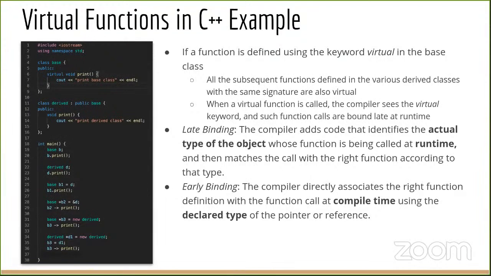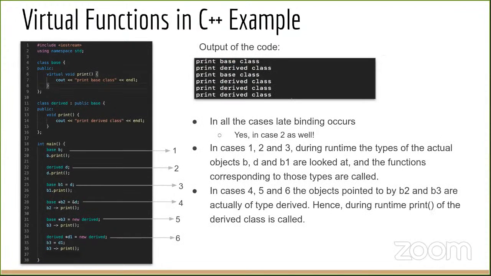But here, in case of runtime binding, we will be looking at the actual type of the object. I'll also explain what early binding is, which happened during the entire previous slide. In early binding, the compiler directly associates the right function definition with the function call at compile time using the declared type of the pointer or reference, as we were doing in the previous slide. Yeah, I hope that's clear, and we'll move on to the next slide.